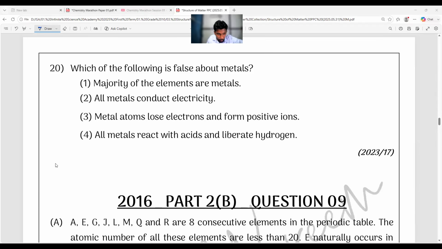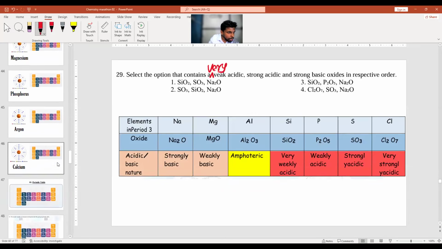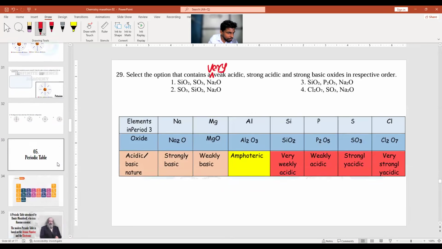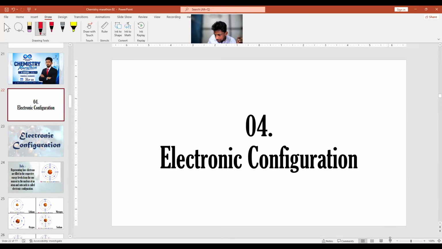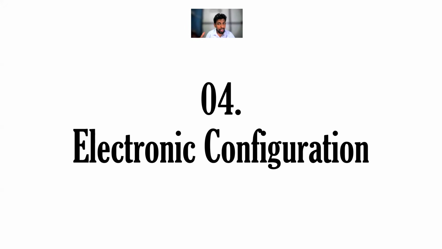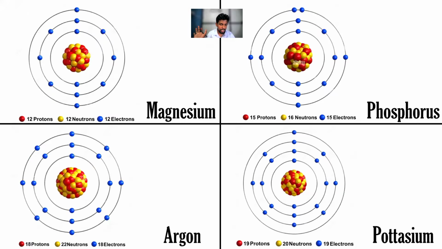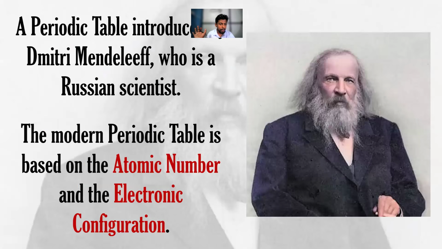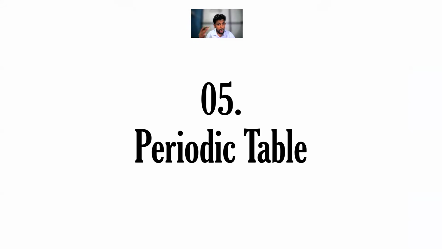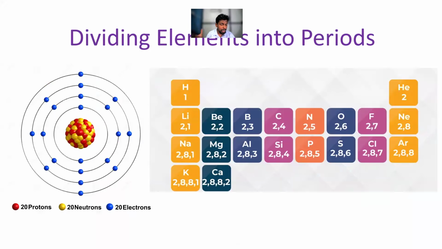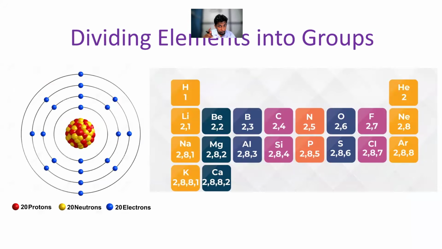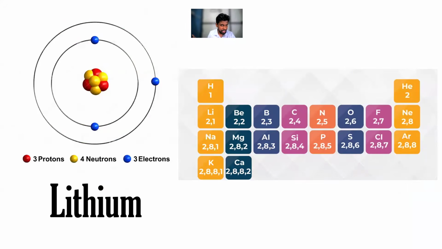Now I will do a quick revision of what we have learned today. We have learned regarding the electronic configuration: what it is and how to write it. Then we discussed how to draw the periodic table. You are able to draw the periodic table and find the group and the period using the electronic configuration.